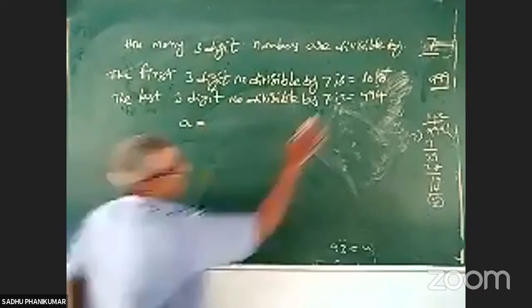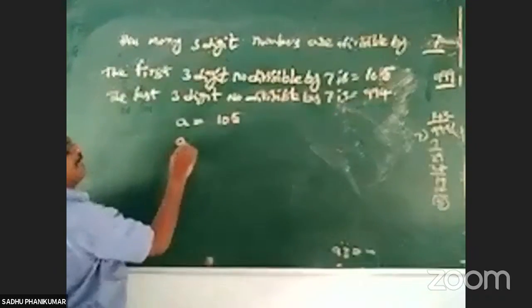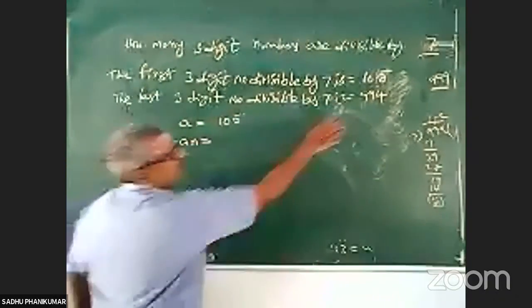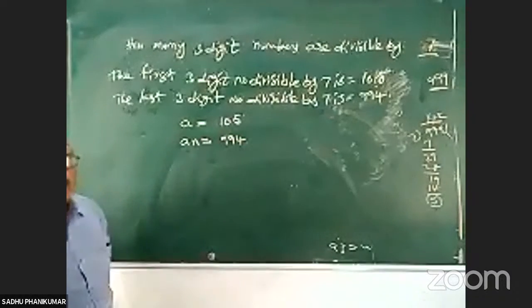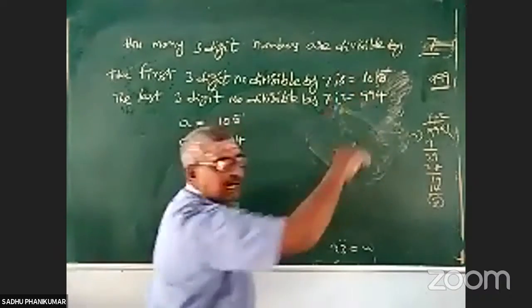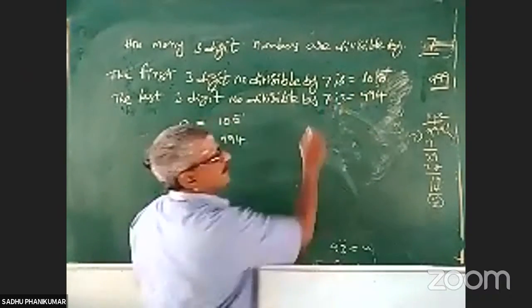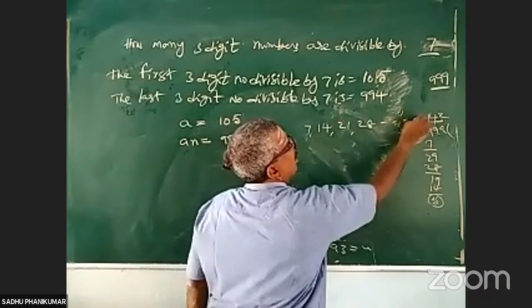Now A is with me: A is equal to the first number, 105. I have with me An, and An is equal to 994. And if you think with a little logic, these are all multiples of 7: 7, 14, 21, 28, and so on.